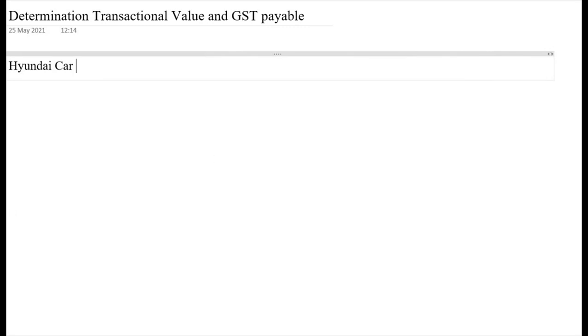The question is, Hyundai Car Limited sells cars to Khan Automobiles at rupees 12 lakhs each.